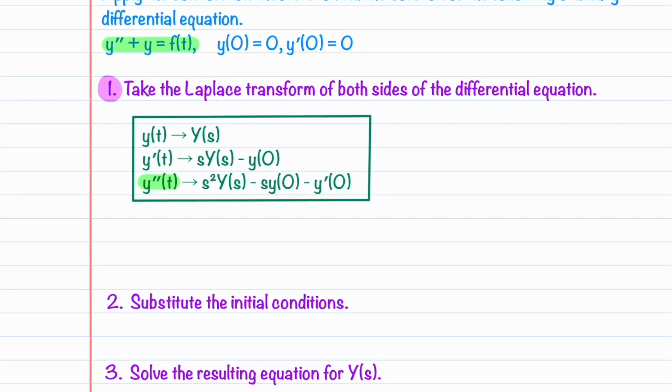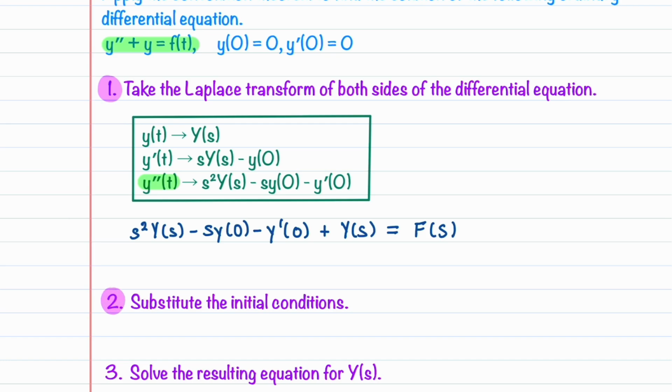The Laplace transform of y double prime of t is s squared capital Y(s) minus s times little y(0) minus little y prime(0). Those are our initial conditions, plus the Laplace transform of y, which is capital Y(s). And then on the right-hand side, we have the Laplace transform of little f(t), and that is capital F(s).